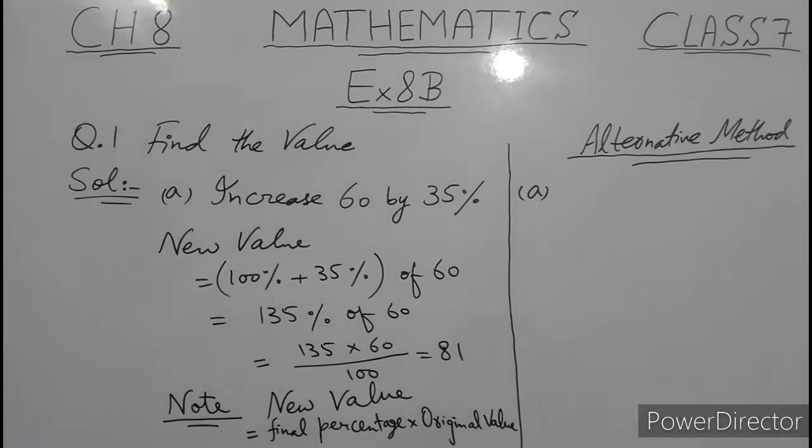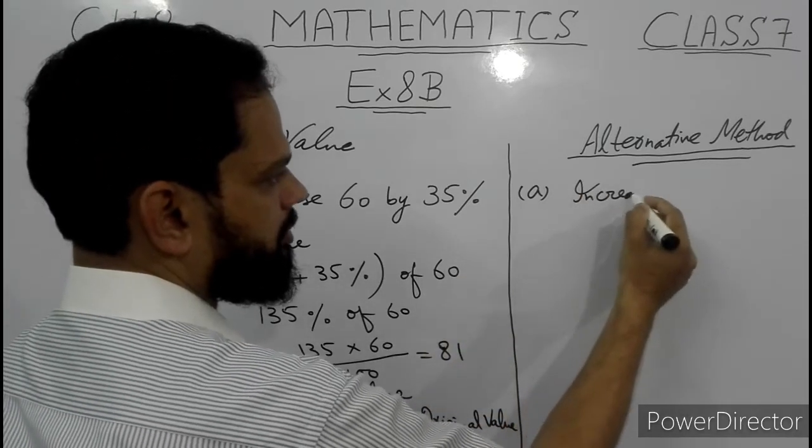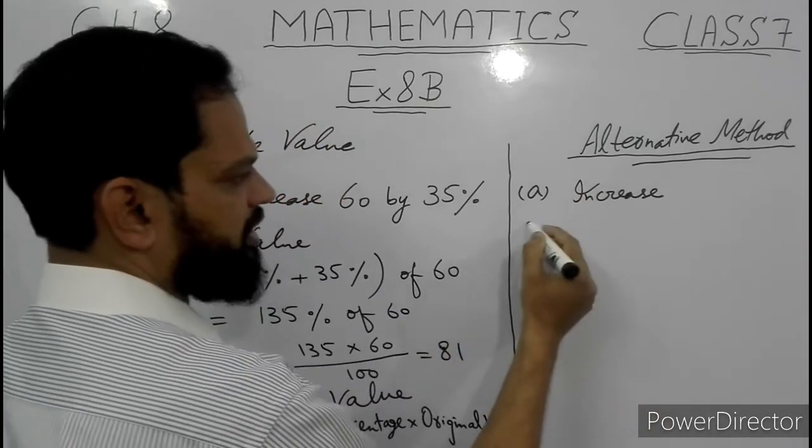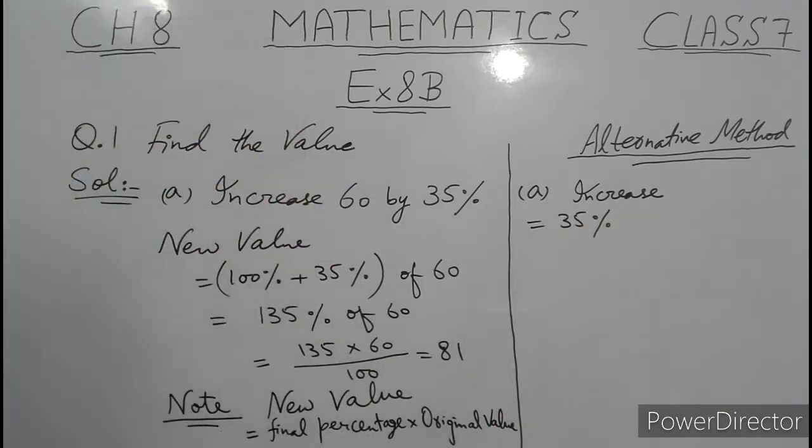Also we have an alternative method for A part. Firstly we find the increase, which is 35%. But we know that percentage is a fraction. Fraction means part of an object. So 35% will be of an object.